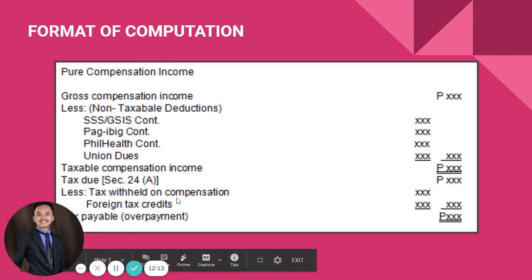Less tax withheld on compensation or possible foreign tax credits or tax credits. Tax credits meaning these are, for example, overpayment from the previous taxable year. You could use that as tax credits in the current taxable year to compute for your tax payable or overpayment for this year. So this will be your format of computation if the income is pure compensation.